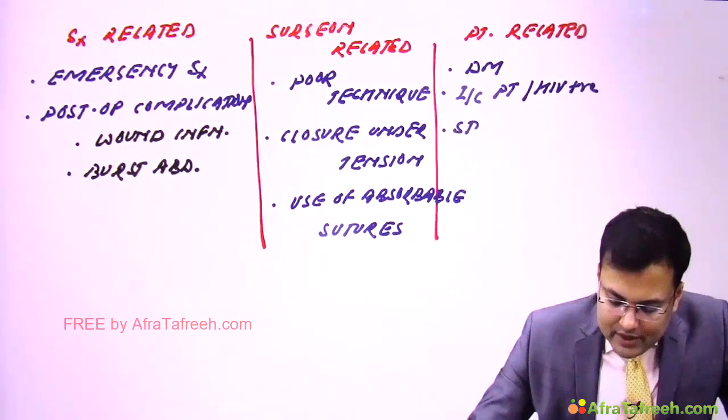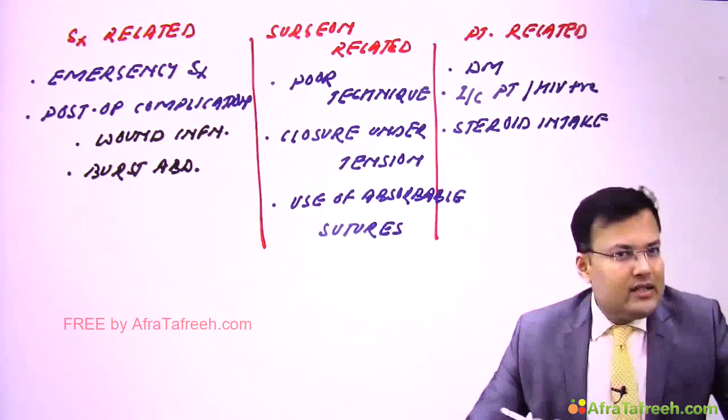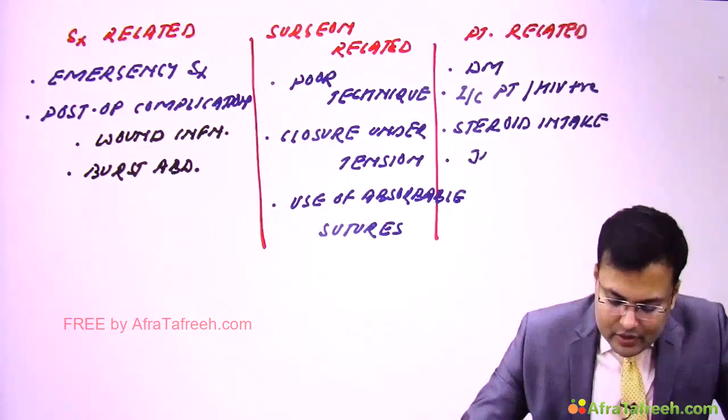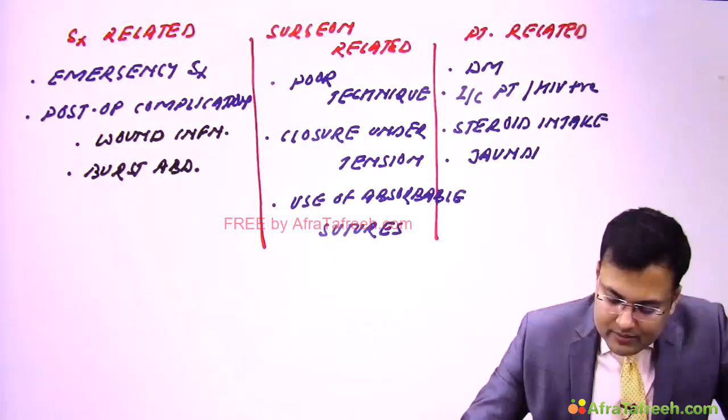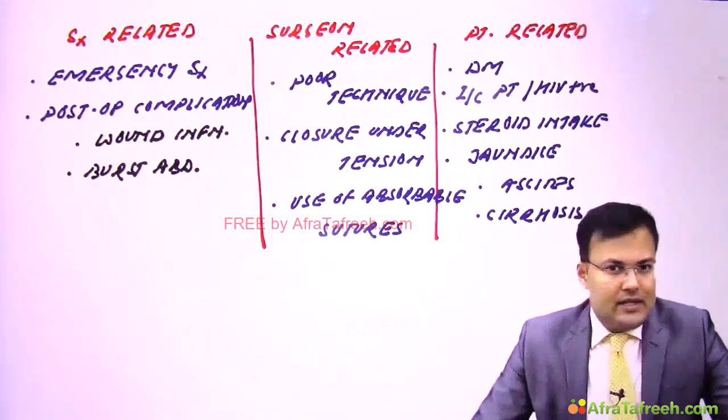If there is steroid intake, patient is taking steroids, or there is decreased protein synthesis or some systemic illness, so patient is suffering from jaundice, there is ascites, or patient is having cirrhosis. Clear? So all these are the risk factors for incisional hernia.